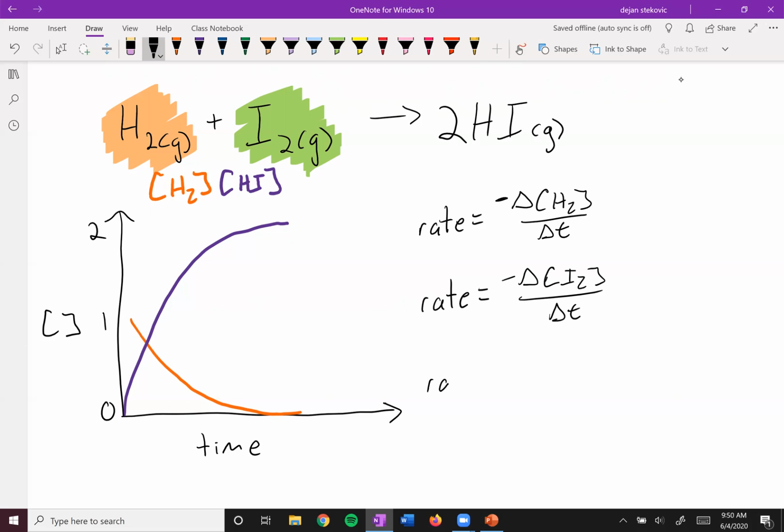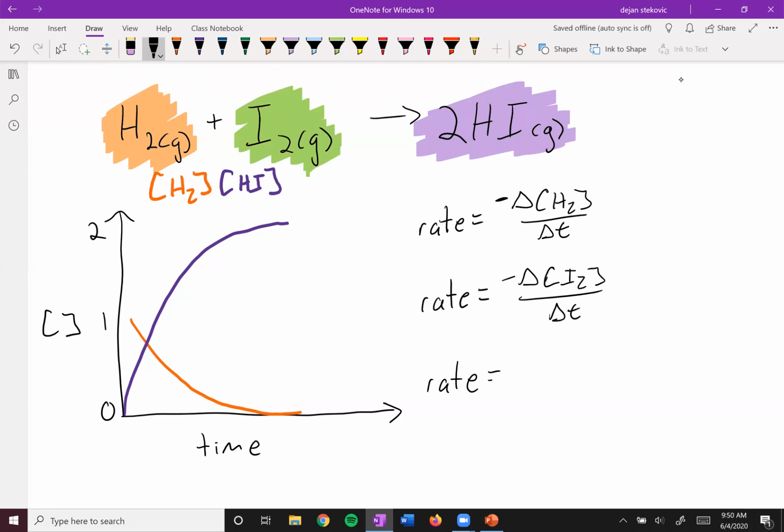Finally, we'll think about the rate in terms of HI. For every 1 HI formed, you only did half of a reaction, because a whole reaction forms 2 HIs. So if you have 2 HIs formed, your rate is actually only half of that.